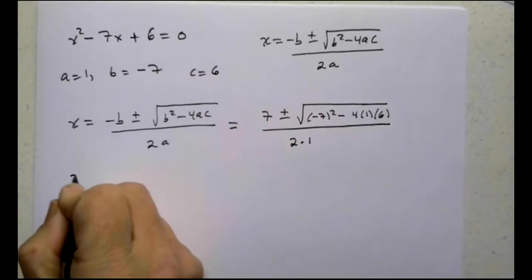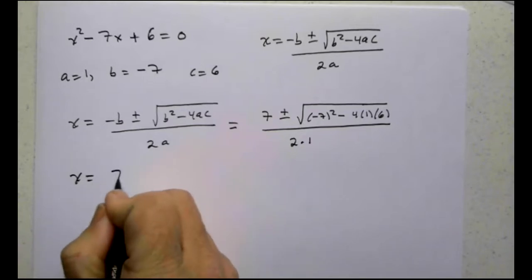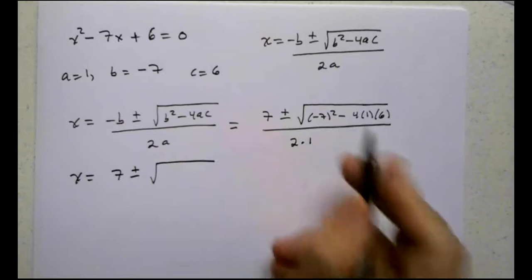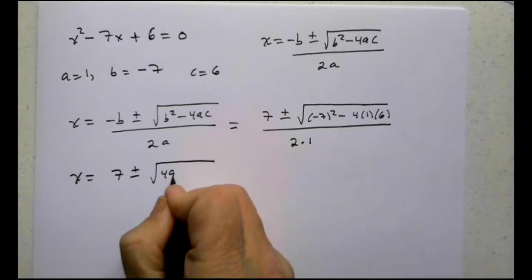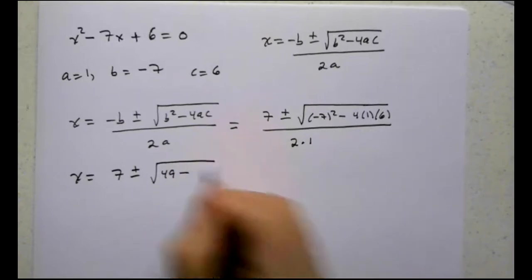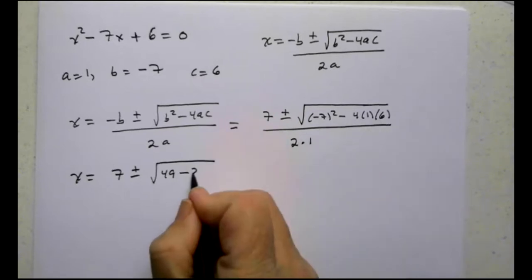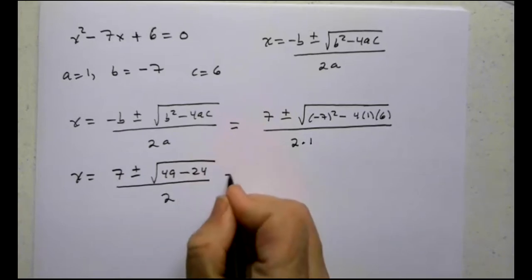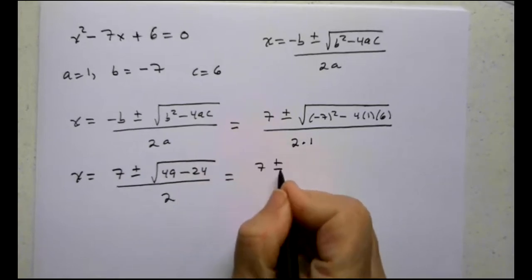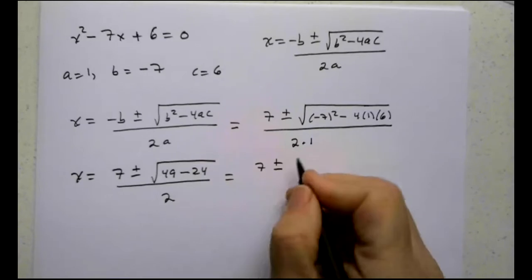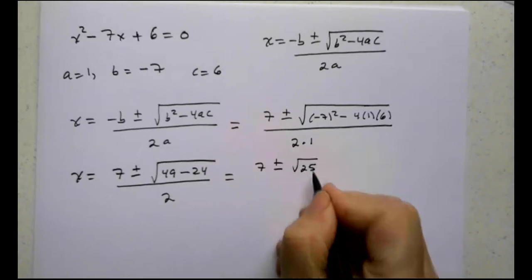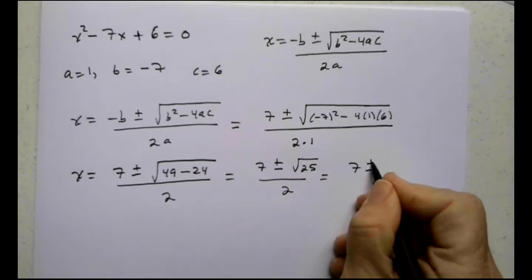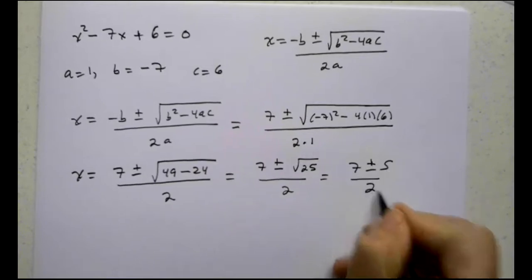Next line, I get x equals 7 plus or minus square root. Negative 7 times negative 7, positive 49, minus 4 times 1 times 6 is 24, all divided by 2, which is 7 plus or minus 49 minus 24 is 25, root 25 divided by 2, which is 7 plus or minus 5 over 2.